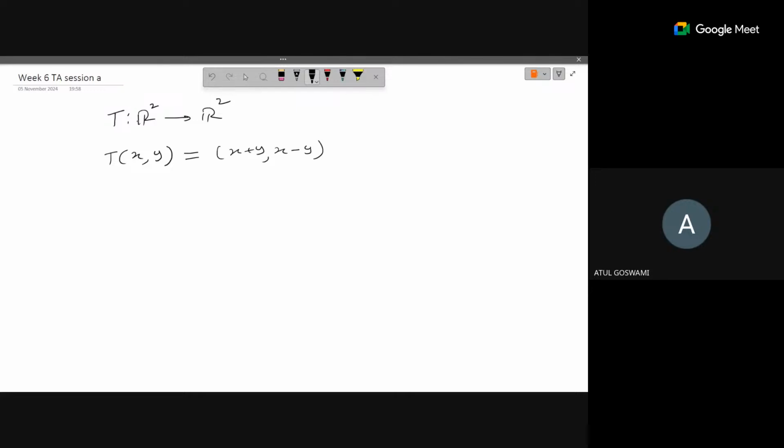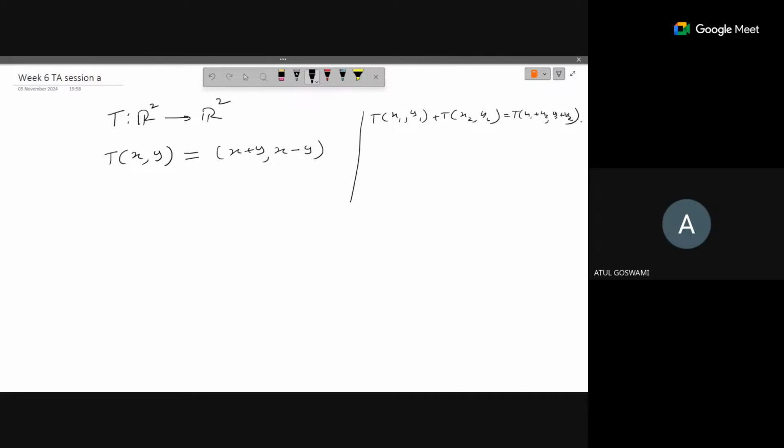So is this a linear transformation? Will this satisfy these two properties?